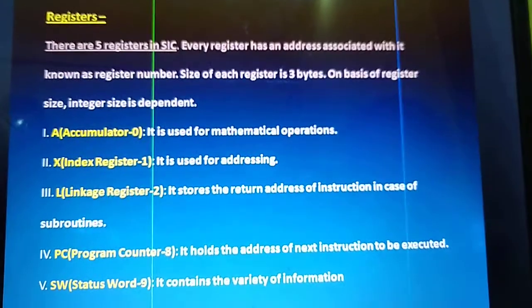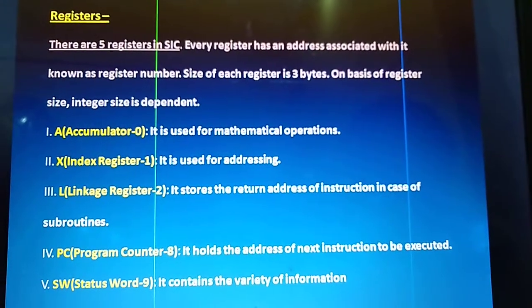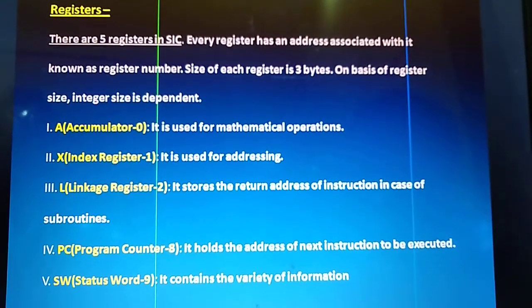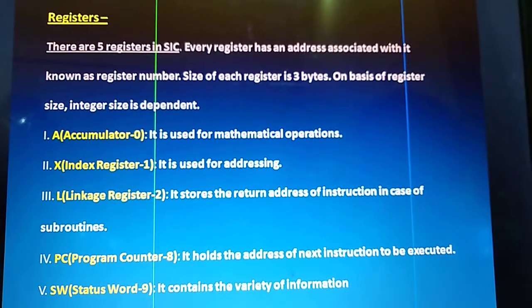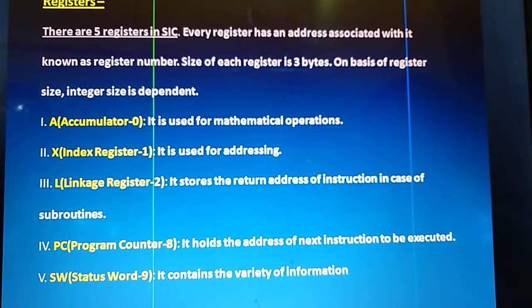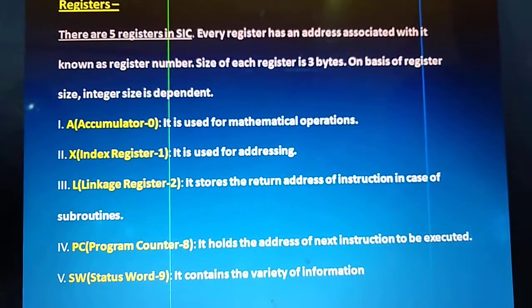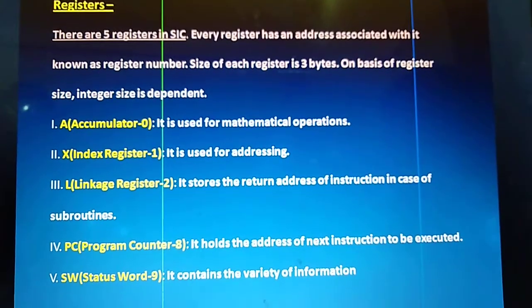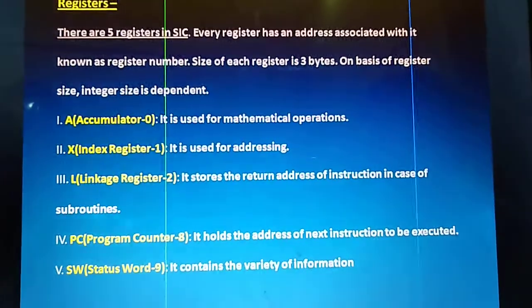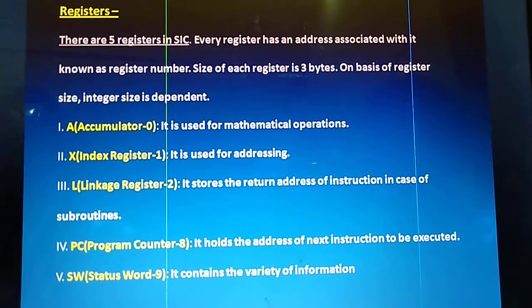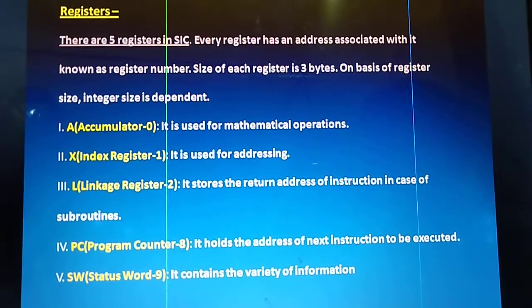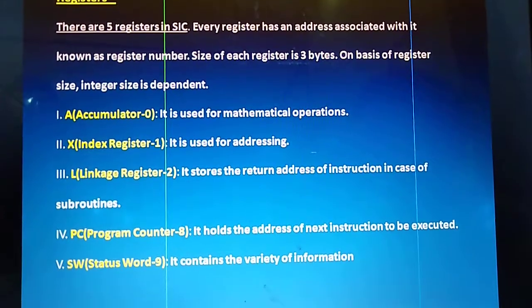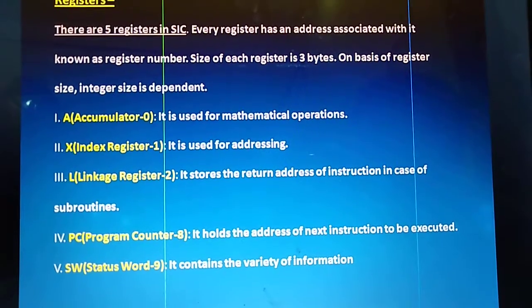Registers. There are 5 registers in SIC. They are accumulator, index register, linkage register, program counter, and status word. Every register has an address associated with it, known as the register number.